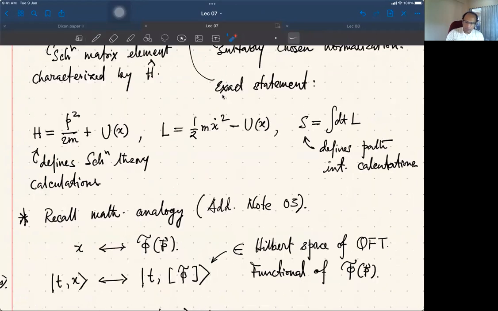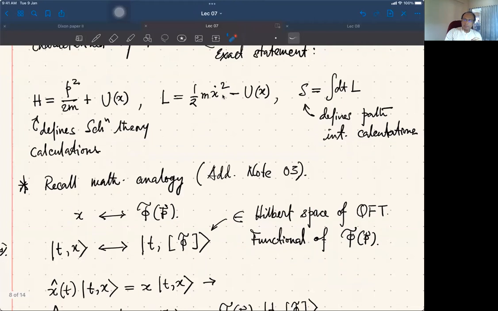The QFT system is that x is analogous to a field, an entire field. x is a mechanical degree of freedom, and on this side you have a field. So a field has infinite number of degrees of freedom. x is a single degree of freedom. This has infinite number of degrees of freedom. Formally you can extend expressions in terms of x's to expressions here, which I have been doing.